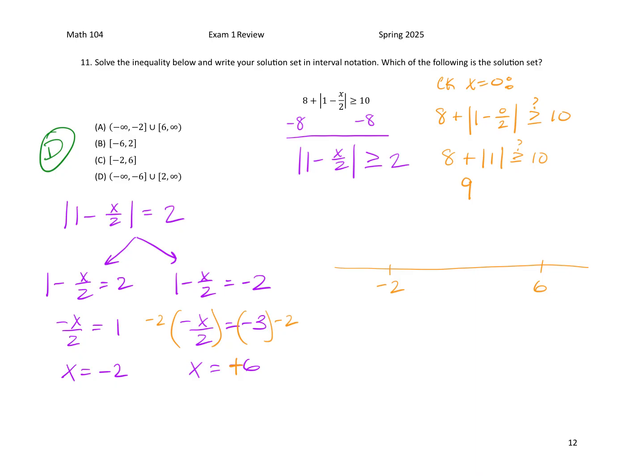And I want to highlight everything outside of those numbers. Okay, and now it makes sense why 0 didn't work, because 0 is not in the solution set. 0 is between negative 2 and 6. Okay, so when I rewrite this solution set, I get negative infinity to negative 2, union 6 to infinity. And that is option A.